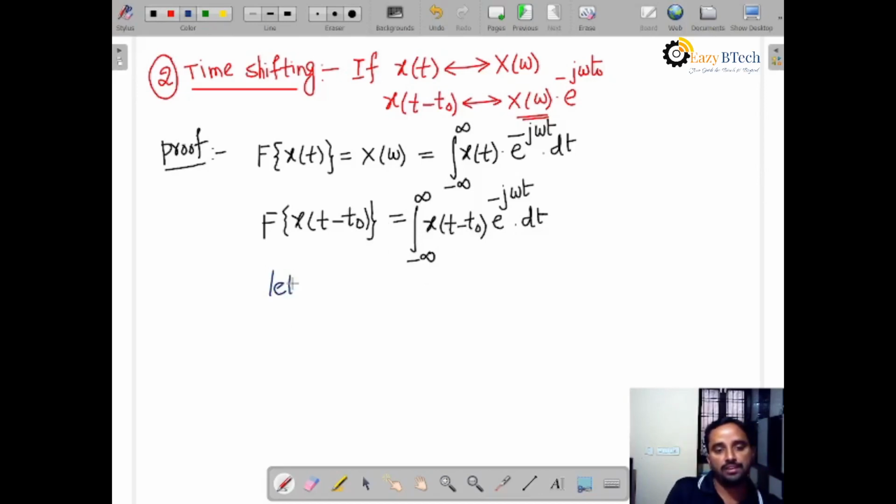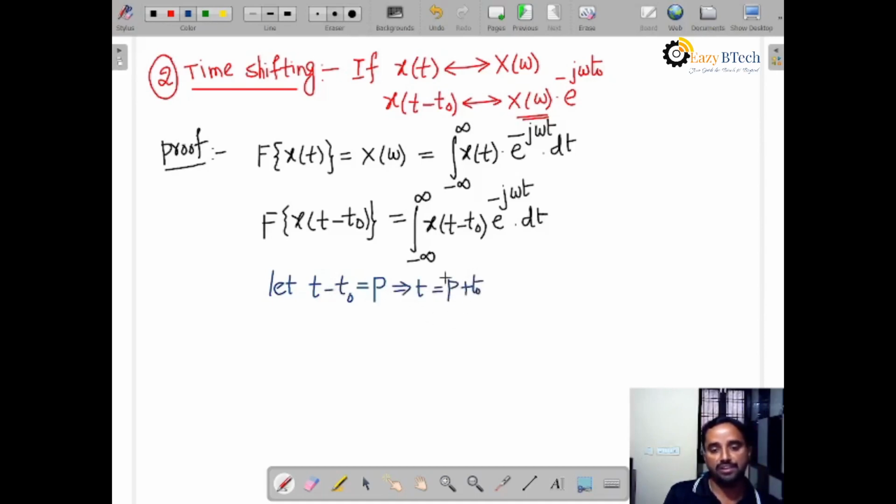Let t minus t naught be equal to p. I am going to write t in terms of p. So t minus t naught equals p, therefore t will become p plus t naught.